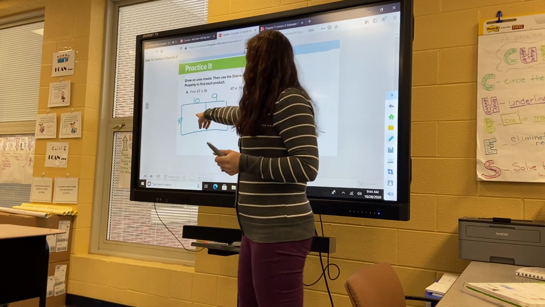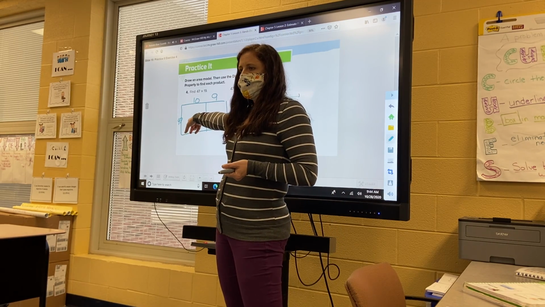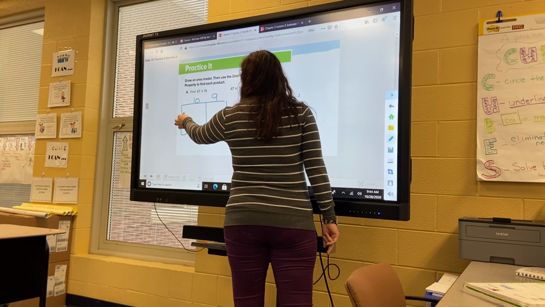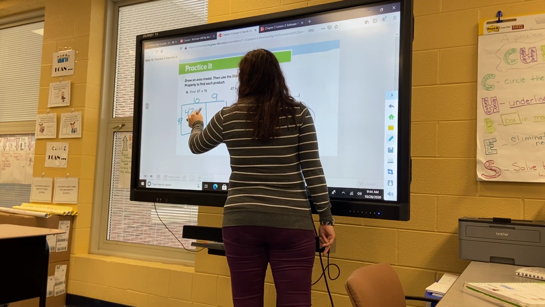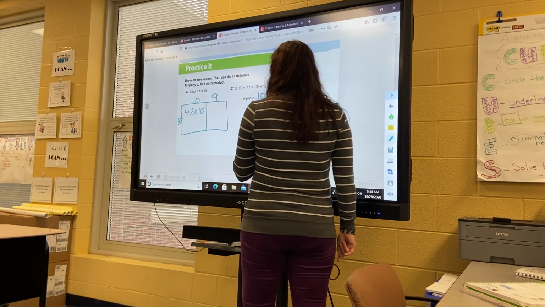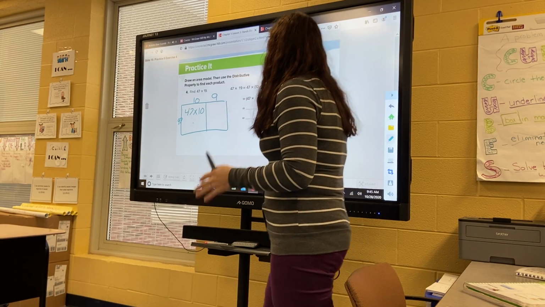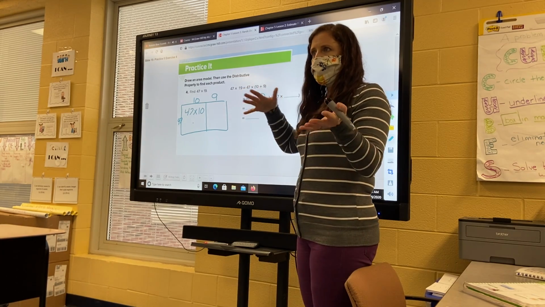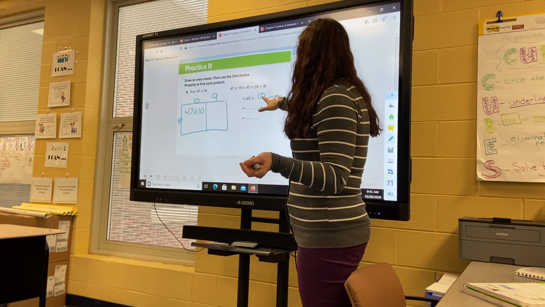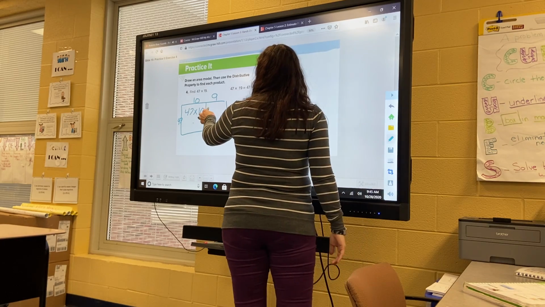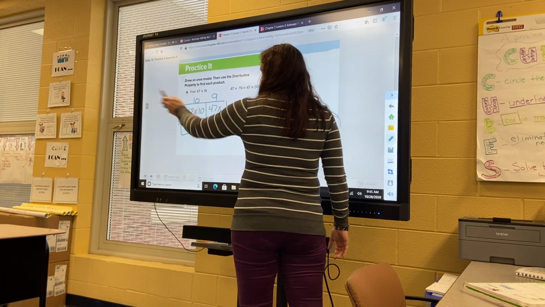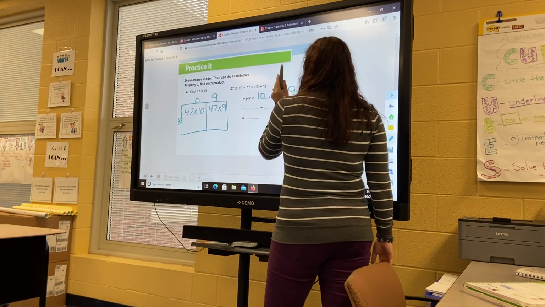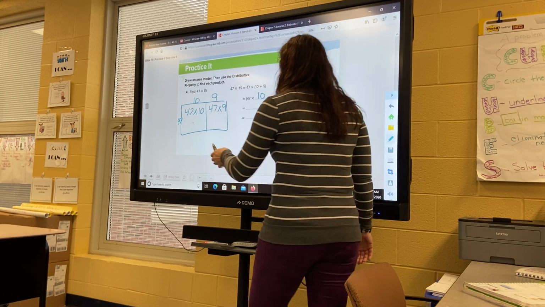So what are we going to multiply in this box? 47 times 10, which is right here also. So they're showing you that you can use an area model, or you can do it just making an equation. It's the same thing, isn't it? Okay? And then 47 times, what are we going to do here? 47 times 9 here. And so now we got to do the work.